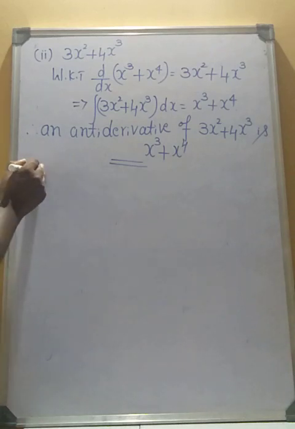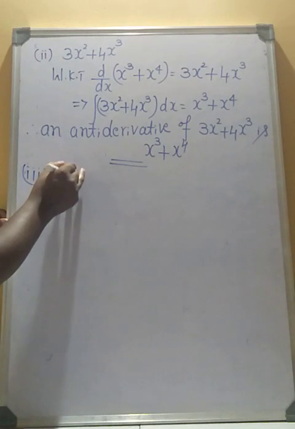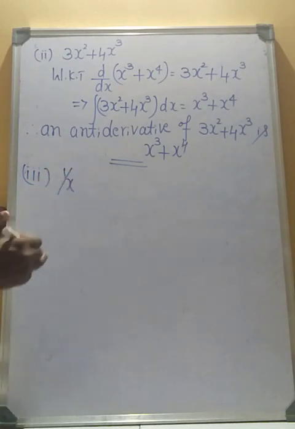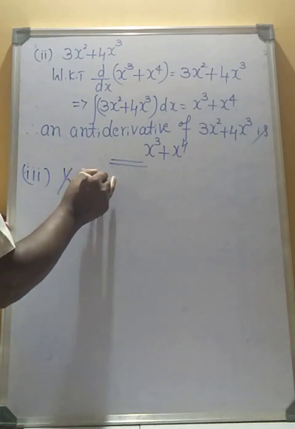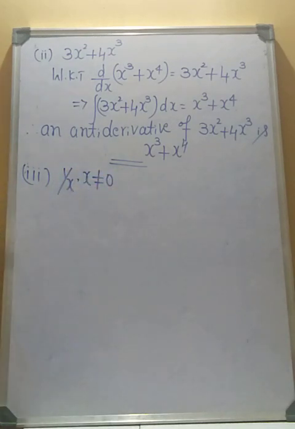So now example 3, 1 by x. Find the antiderivative of the function 1 by x where x is not equal to 0.